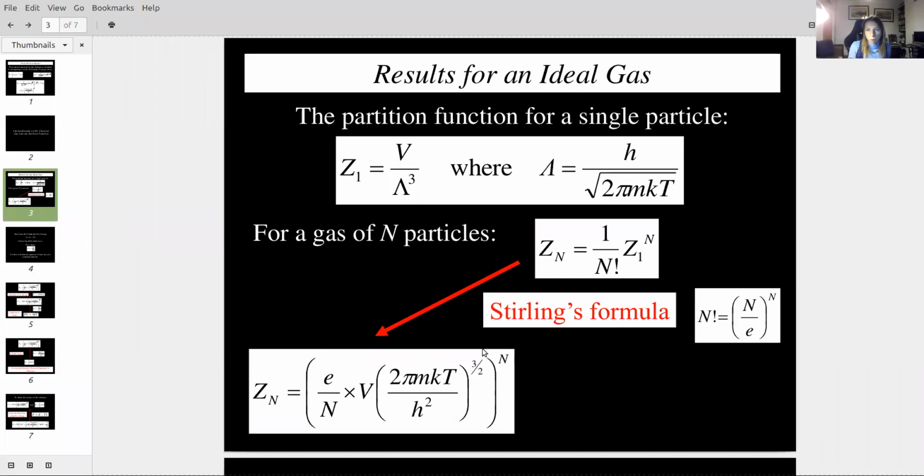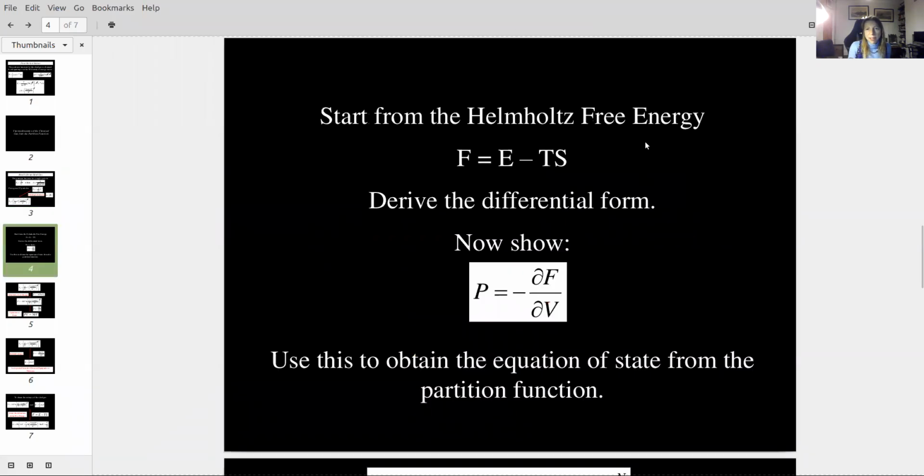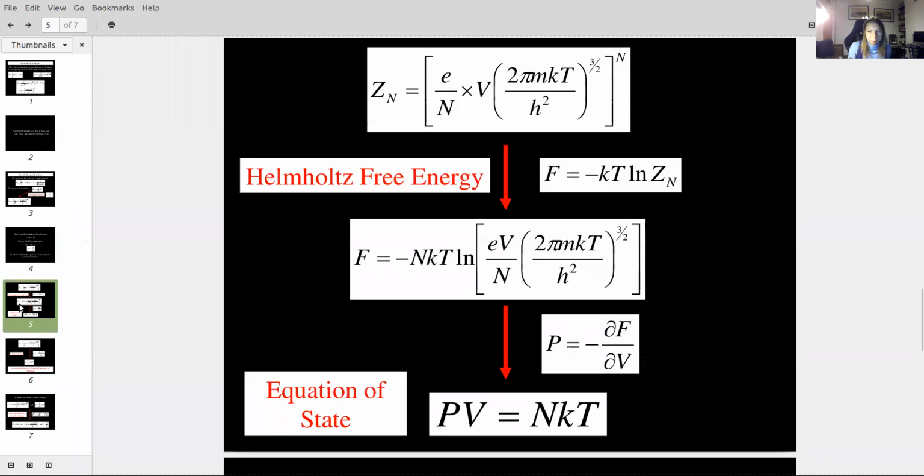We've gone from our partition function, and we've taken our Helmholtz free energy and derived its differential form. We showed that this was true, and then we obtained the equation of state from the partition function. So here was our partition function. We defined the Helmholtz free energy. We differentiated minus the Helmholtz free energy with respect to V, and we got the ideal gas equation of state.